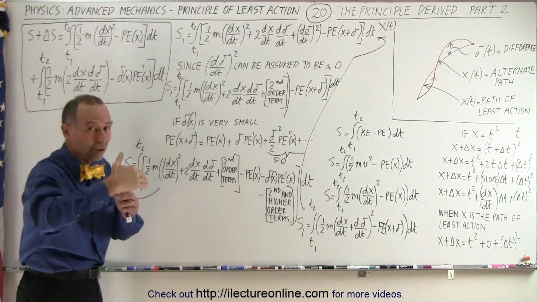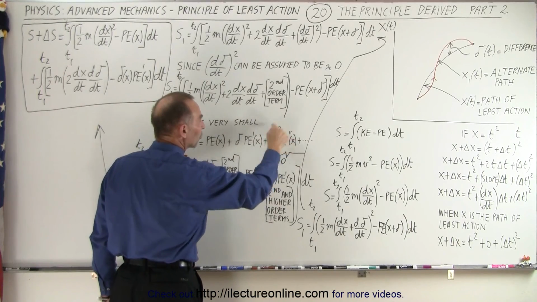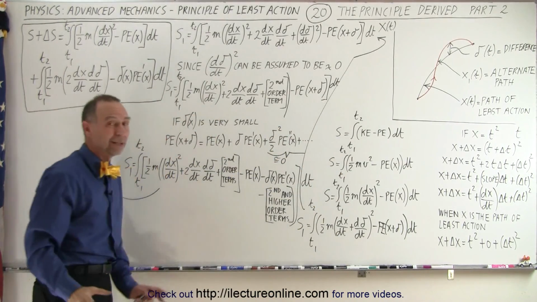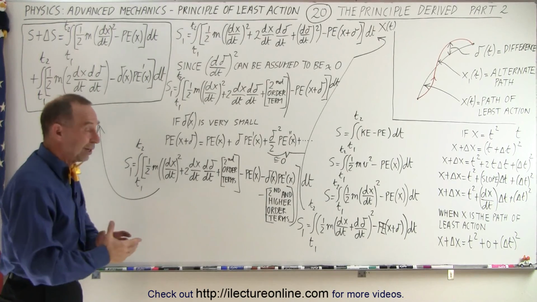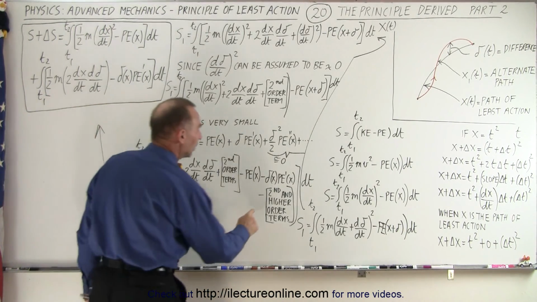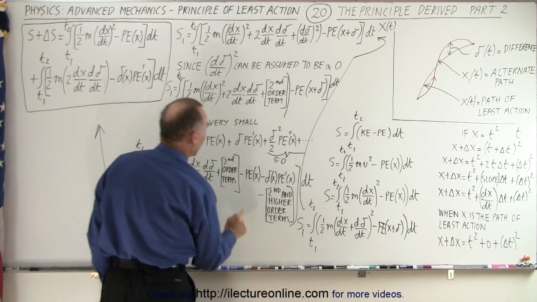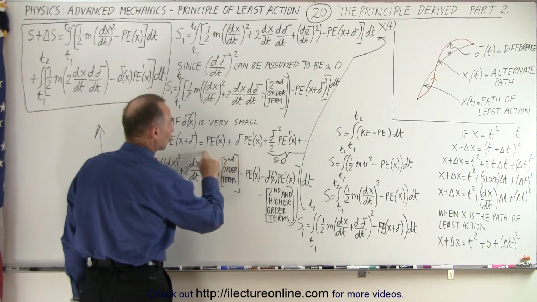Those additional terms become really small, because we have delta squared, delta cubed, and so forth. Since delta is very small, we can ignore them, so the second and higher order terms can be ignored, and we're going to keep the first two terms.